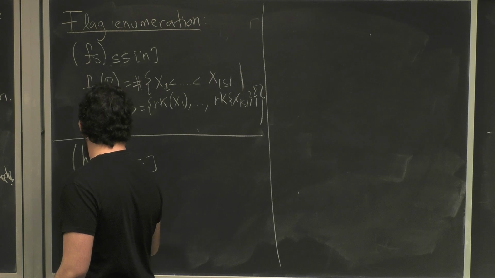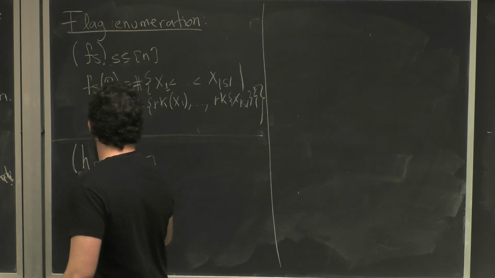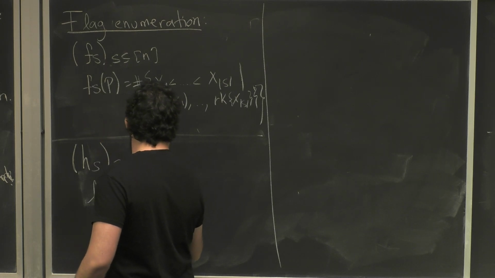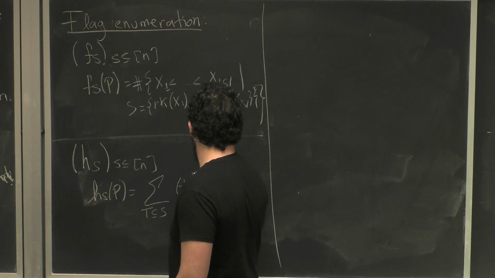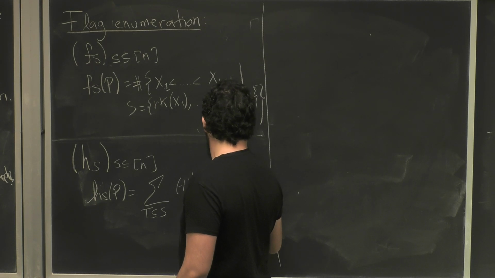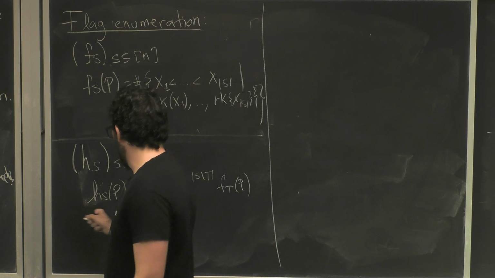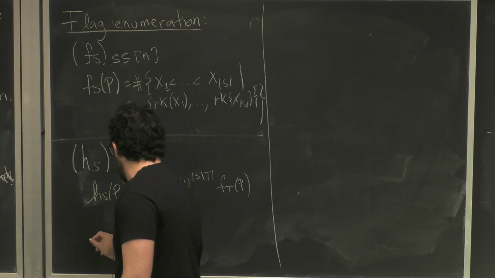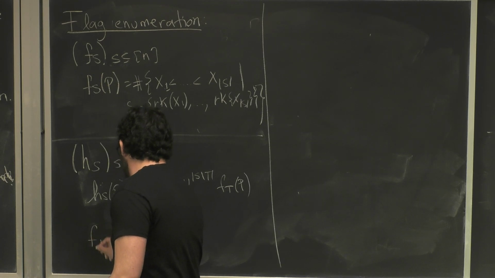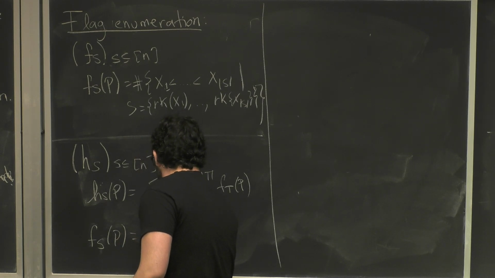I'm going to define h_S of P to be the sum over T subset of S of (-1)^{|S|-|T|} f_T of P. And if you want, it's not very confusing. It's an alternating sum on cardinalities, but it's invertible, it's the same information, and the way we compute f is much easier.